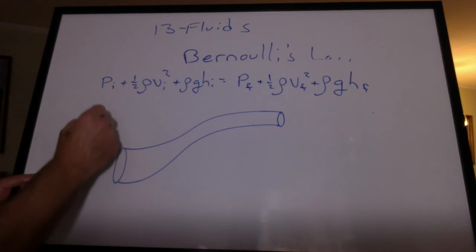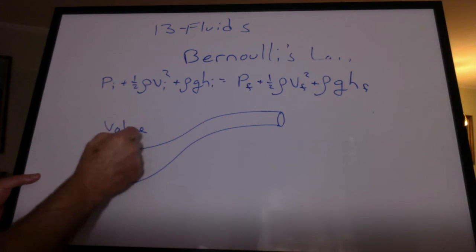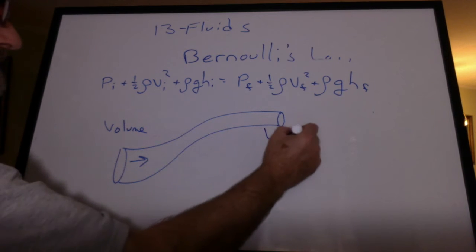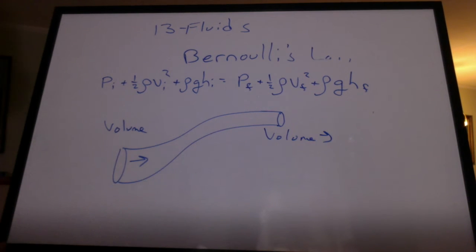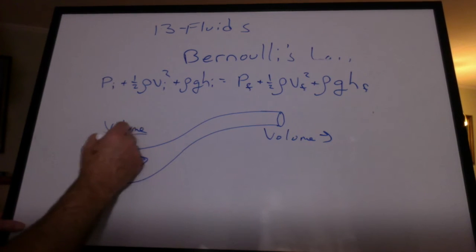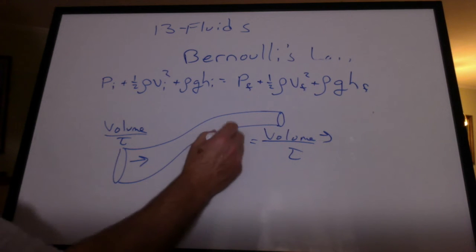All right, I wrote it a little neater. Let's say we have a certain volume going into the pipe here. How does that compare to the volume coming out? It's got to be the same because there's no other place for the liquid to go. So this is going to occur in a certain amount of time, and that will occur in a certain amount of time. And the volume per time is the flow rate.